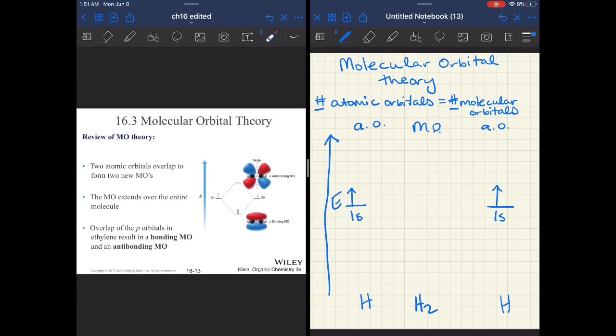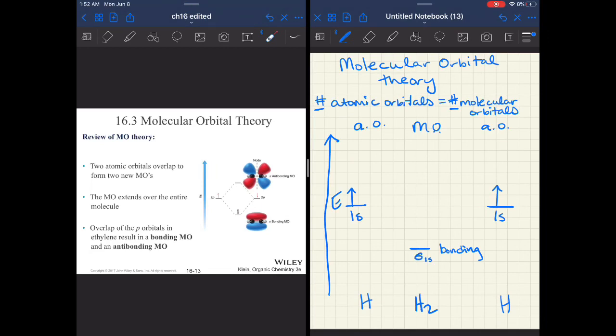And so these s orbitals, when they blend together in this new molecule, something you want to remember is that electrons can be thought of as particles, but they can also be thought of as waves, right? And when your two s orbitals come and start blending together, if they have a constructive overlap, you get a lower energy state, and we call this the bonding orbital. And in this case, it's a sigma bonding orbital.